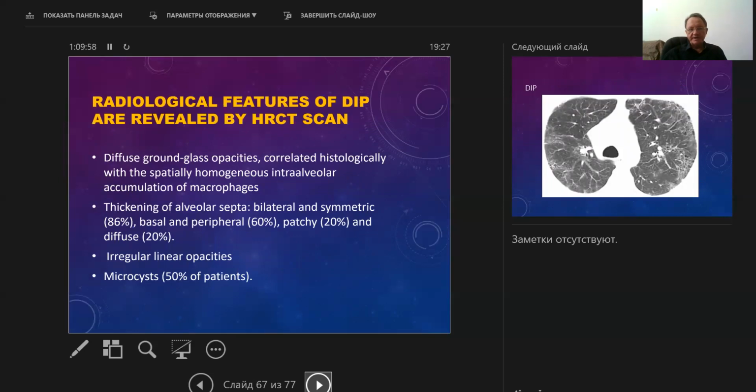Radiological features of DIP: diffuse ground glass opacity, correlating histologically with partially homogeneous intra-alveolar accumulation of macrophages, thickening of alveolar septa, bilateral symmetrical basal and peripheral patchy and diffuse irregular linear opacity, and in 50% of patients detection of microcysts.